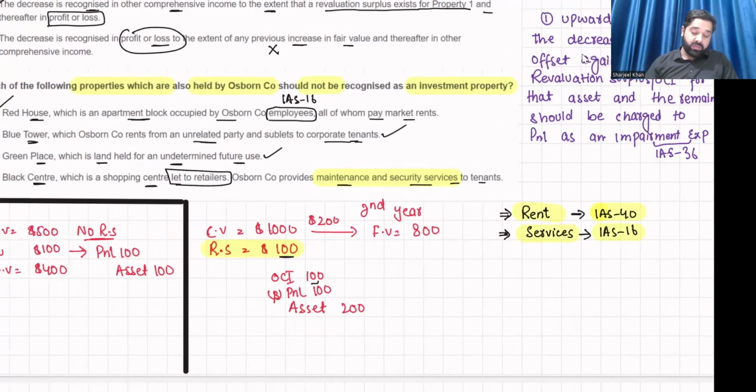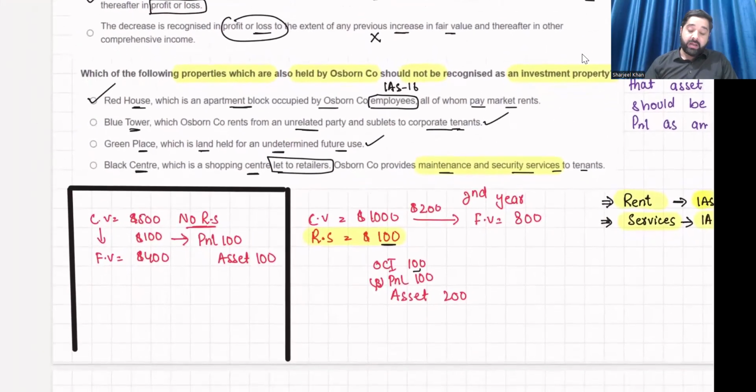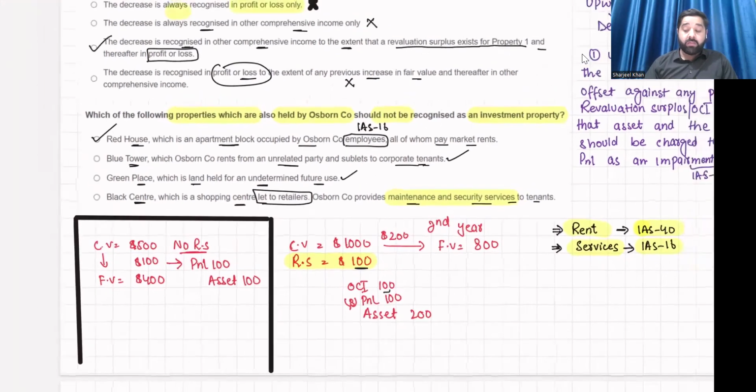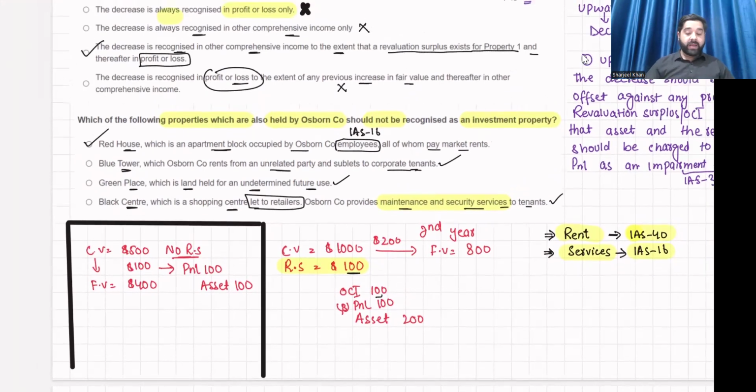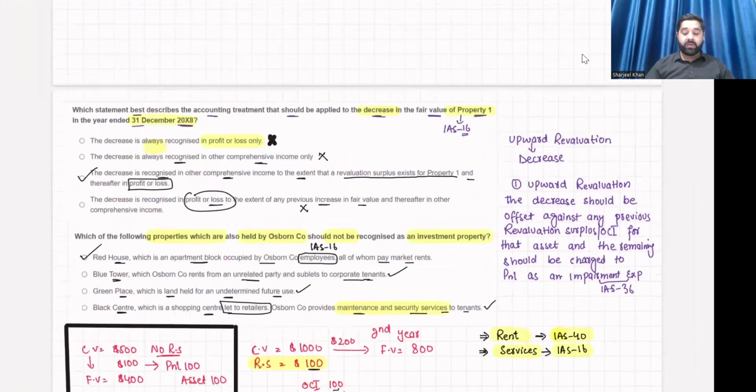Now we will assume that Osborn Company is earning more rental income than from the services, meaning the rental income is prevailing over the other services. So this property can be recognized as an investment property, right? So this was MTQ number 1. If you have any question, you can ask.